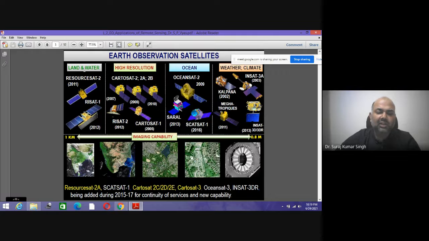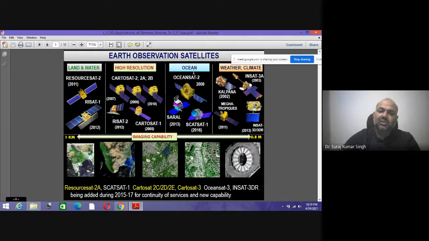For land and water observation, we are using Resourcesat 2 launched in 2011, that is Resourcesat 1 in 2012. Then we have high resolution satellites Cartosat 2, 2A, 2B in 2007, 2008, 2010, Cartosat 1 in 2005, Resourcesat 2 in 2012.